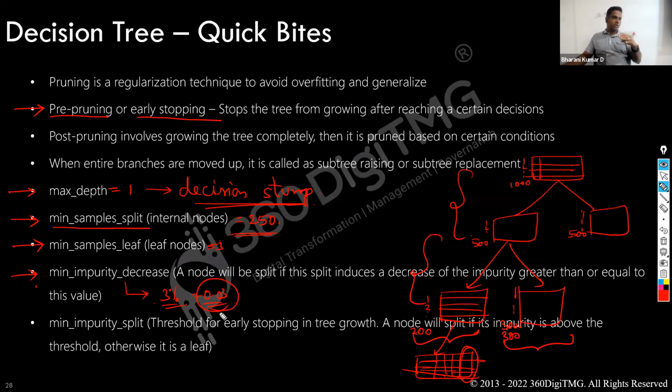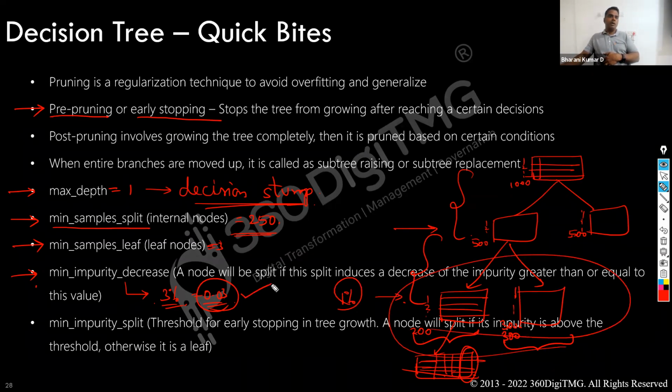So you put 0.03 here, but from this level to this level, the entropy reduction is say only 1%. So it will not split. We'll say that doesn't make sense because the minimum reduction is not available. Okay. Same is the case with minimum impurity split. If you have a minimum of 10% impurity or 20% impurity, then split.